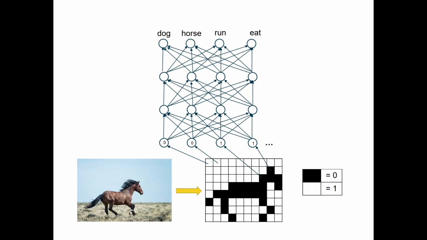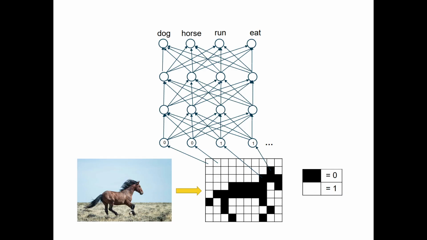So how do we use these neural networks to do something resembling intelligence? Let's take an example, a very simple case of what we call classification. We want to train a neural network to recognize images, and when presented with a photo, for example, be capable of identifying what it is. Is it a horse? Is it a dog? Is it running? Is it eating? And so on.